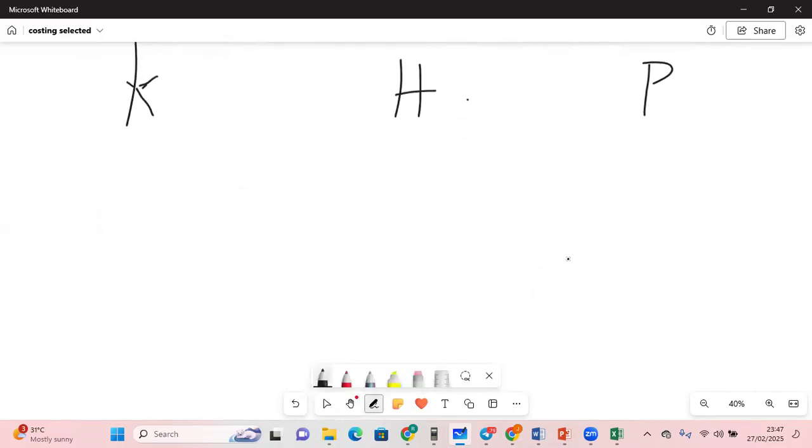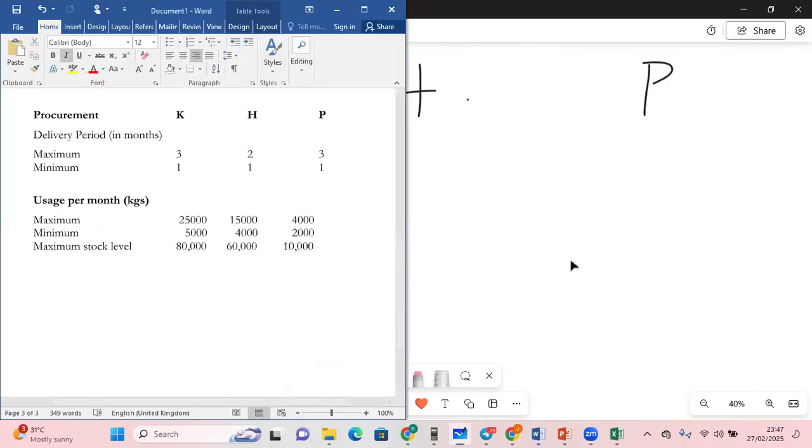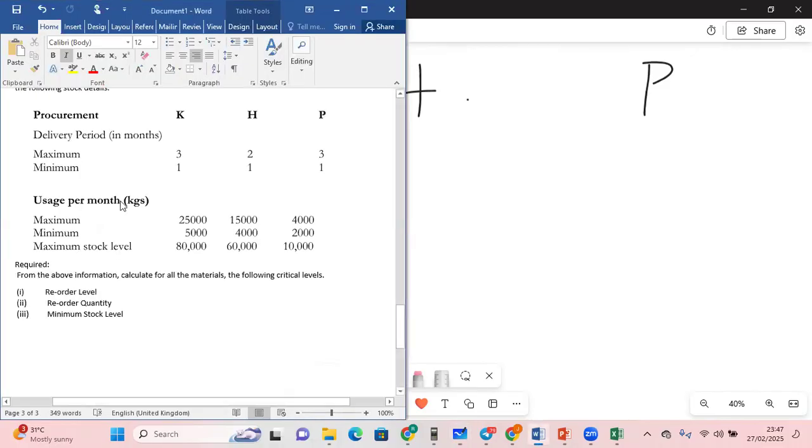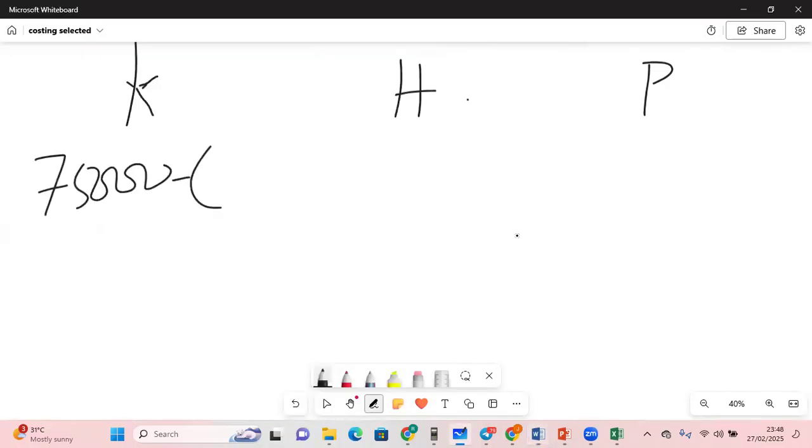So reorder level for A, 75,000. And then average usage is going to be maximum plus minimum divided by 2. So 25,000 plus 5,000 is going to give you 30,000.